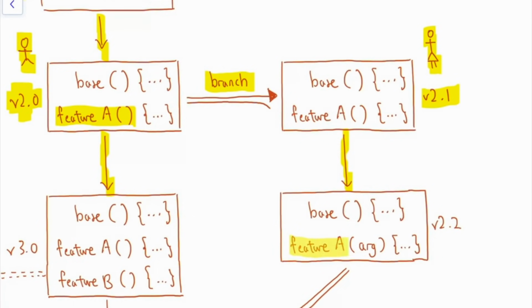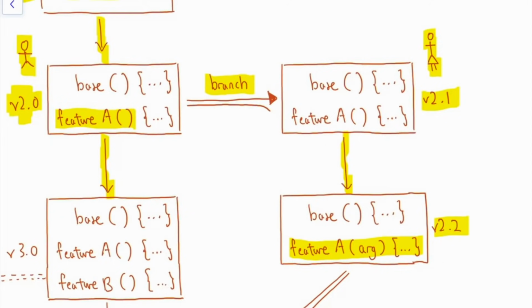Maybe she determines that feature A needs an additional argument to make it work faster with less memory, for example. And then once she's done with that, she labels it as version 2.2.